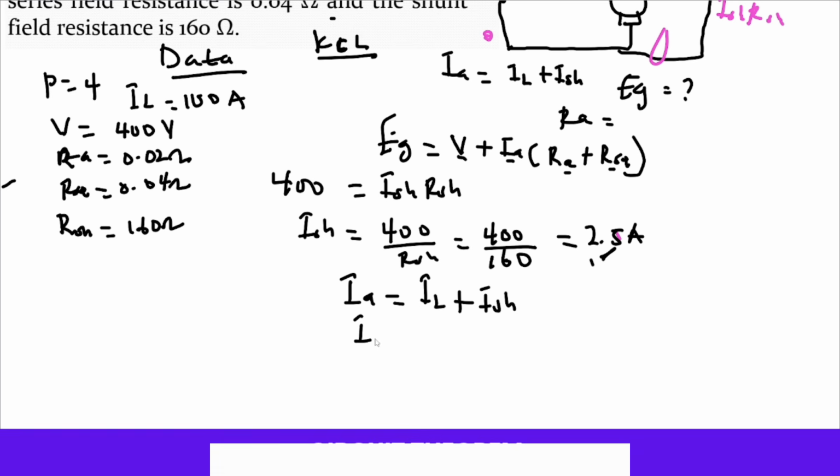So our IA will be equal to IL, the load current, which was given as 100 amps, plus the shunt current, which is 2.5. So 100 plus 2.5 will give us a corresponding value of 102.5 amps. So this is what we have.